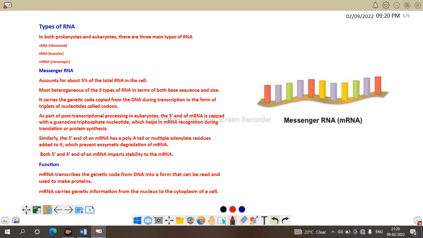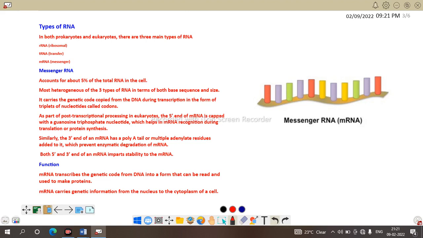It is the most heterogeneous of the three types of RNA in terms of both base sequence and size. It carries the genetic code copied from DNA during transcription, as it is the messenger RNA. It contains triplets of nucleotides called codons.